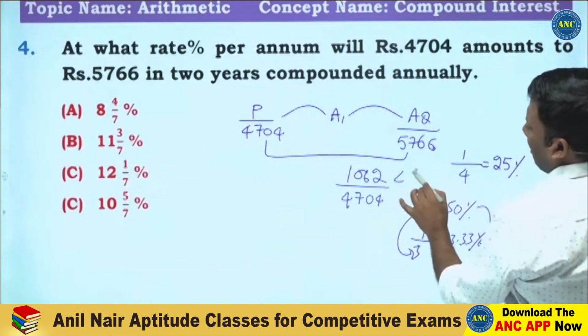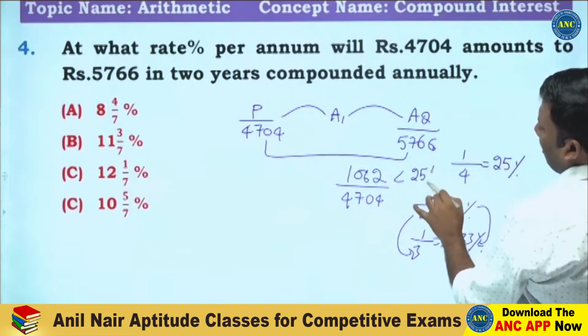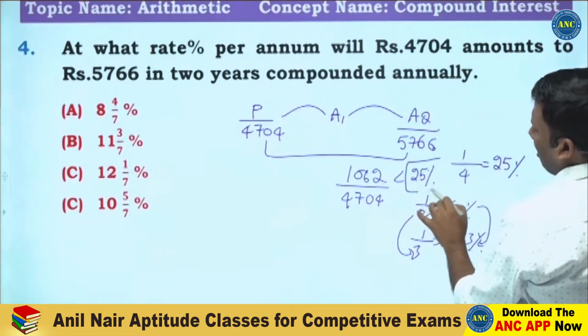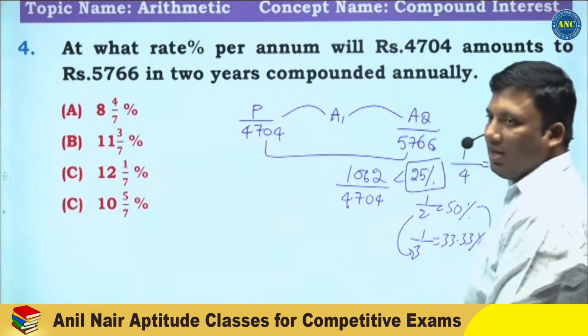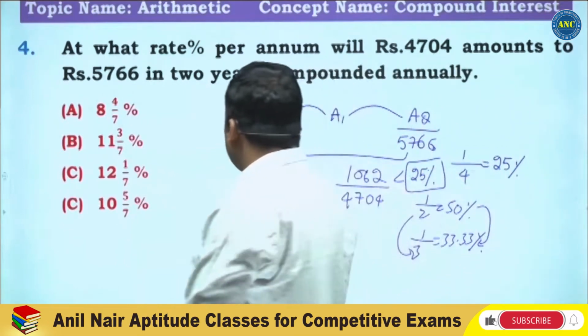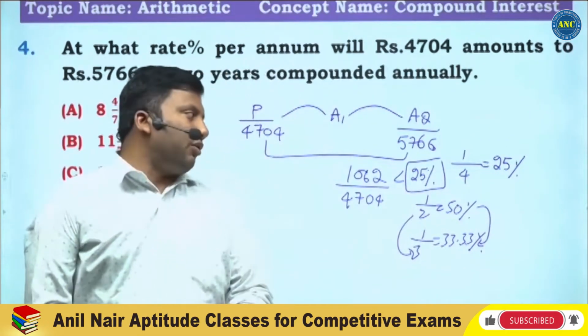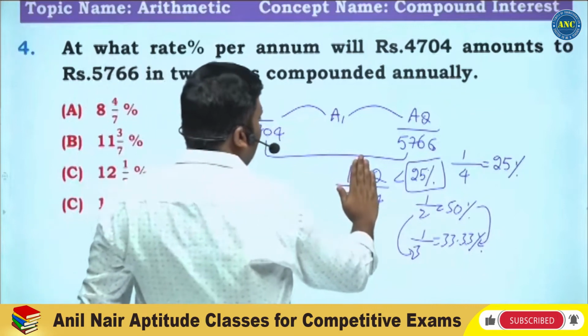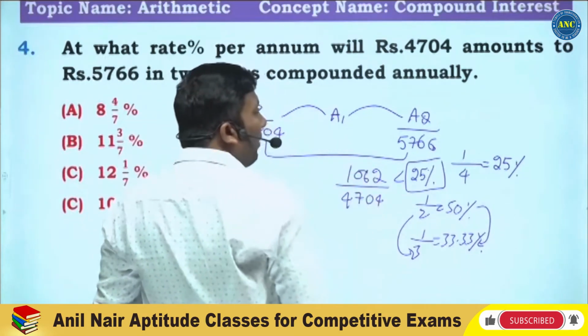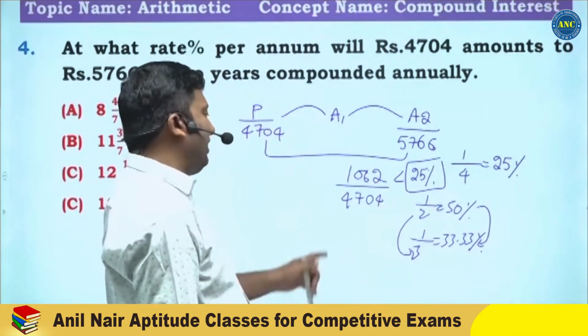That means this answer is just less than 25 percent. Just by looking at the question, we can deduce it. 1062 by 4704: even if I nullify the 3 digits, 1 by 4 is 25 percent.